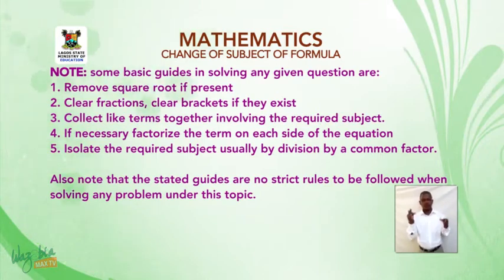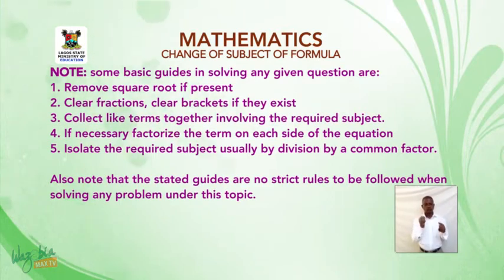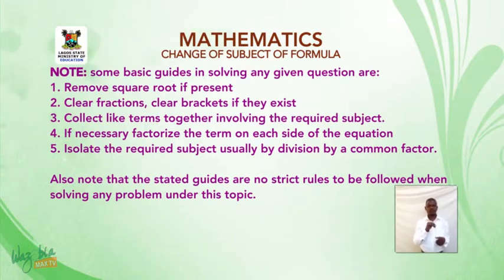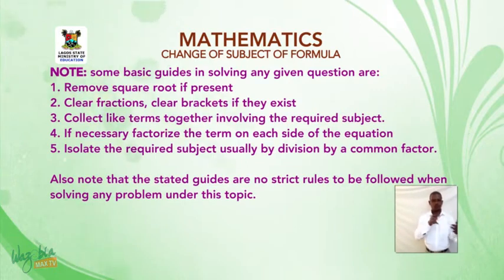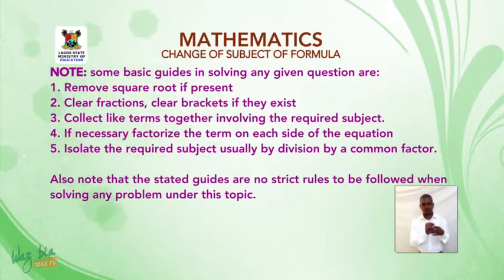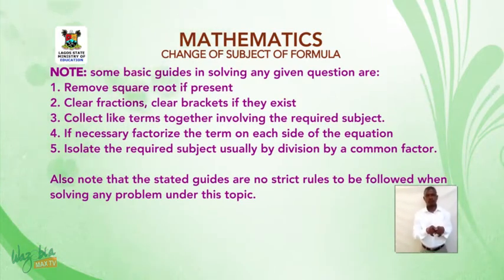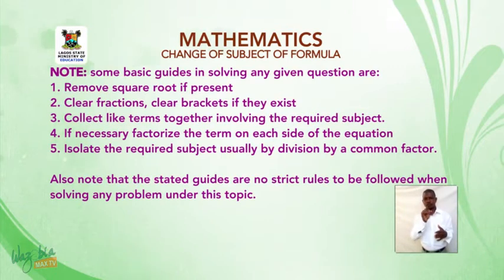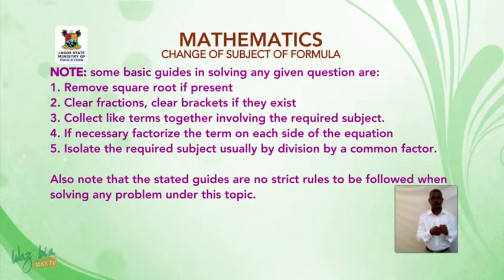If necessary, factorize the term on each side of the equation. 5. Isolate the required subject, usually by division by a common factor. Also, note that the stated guides are not restrictive rules to be followed when solving any problem under this topic.